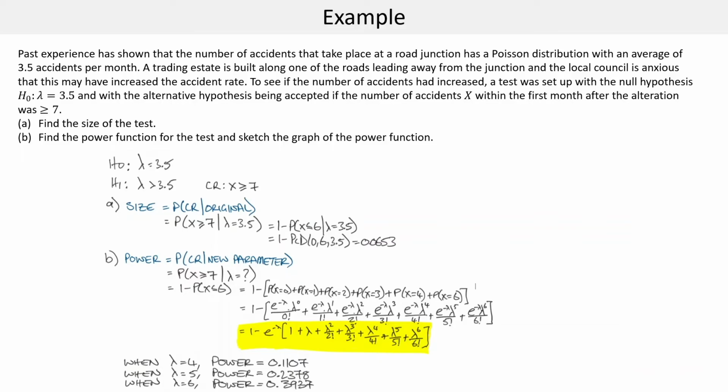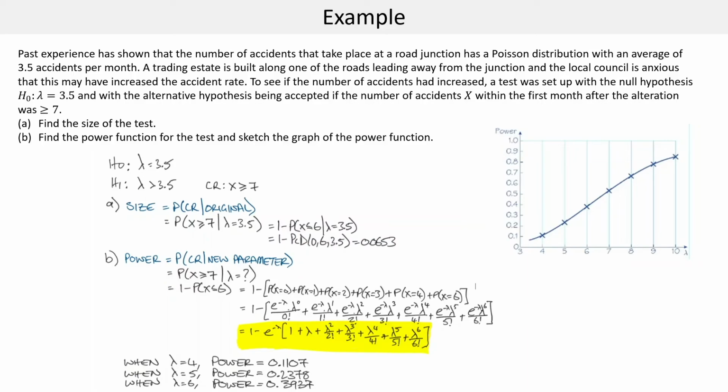So this is how we use the power function, and we start to get a value for the power for different values of lambda. We're actually asked to graph this power function. So for each new value of lambda, we could plot what the power is going to be and try and see if there's any trend that we can follow in the graph of the power function.